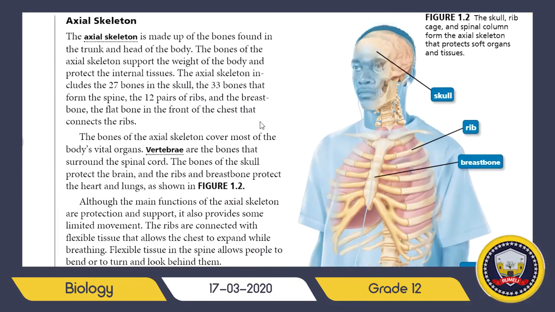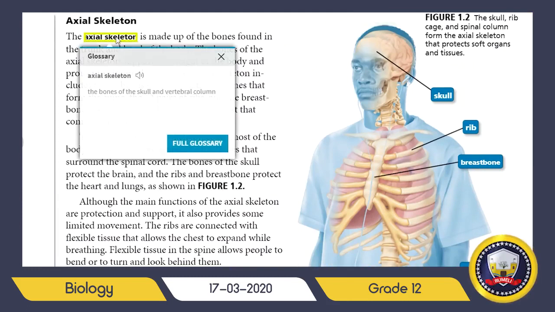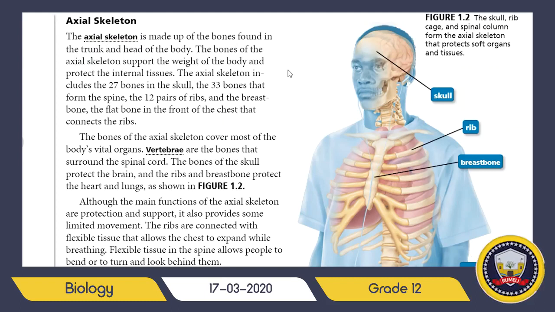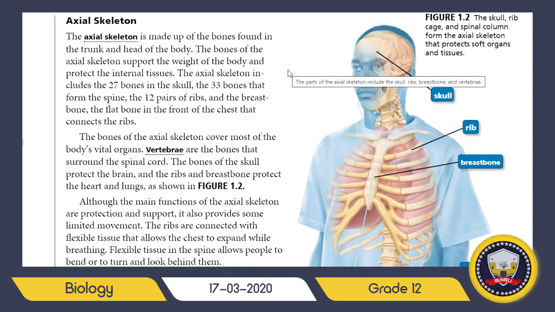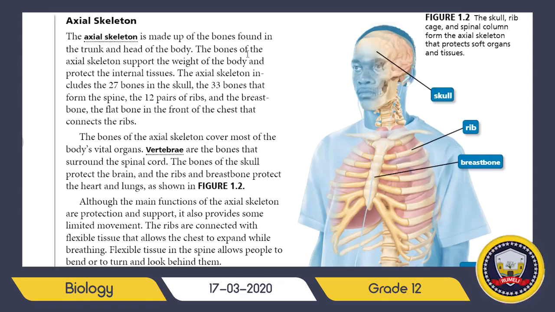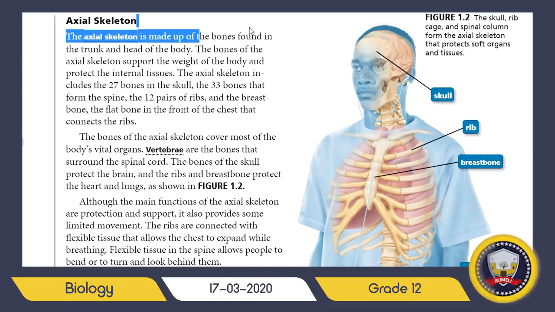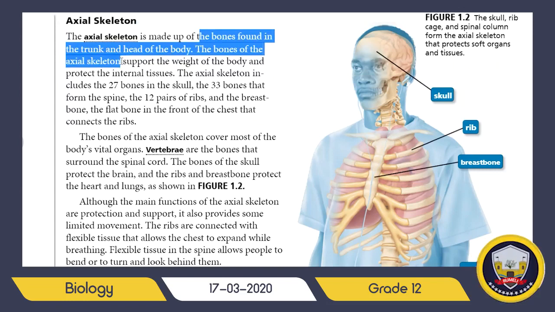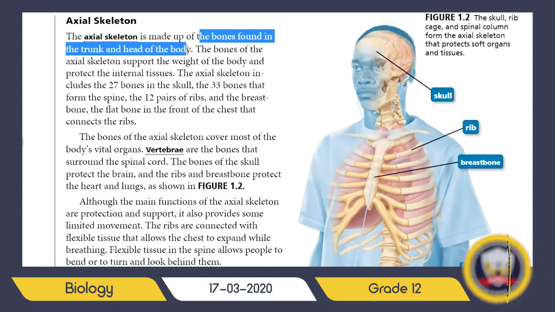Now, axial skeleton: the bones of the skull and vertebral column. It is made up of bones found in the trunk and head of the body.